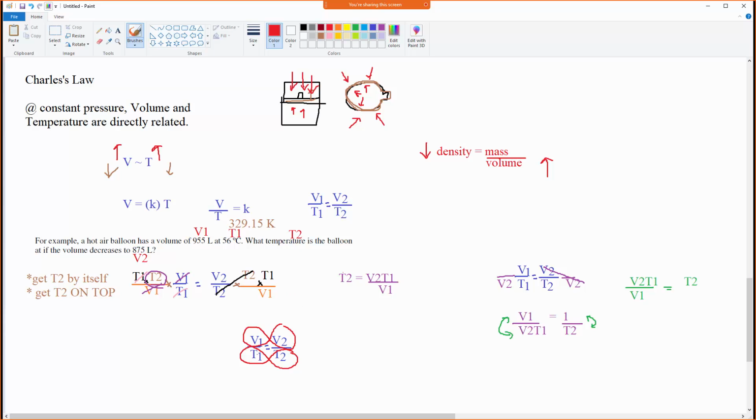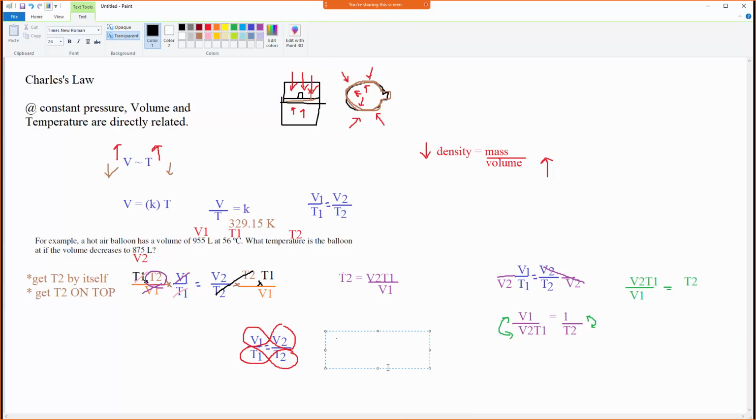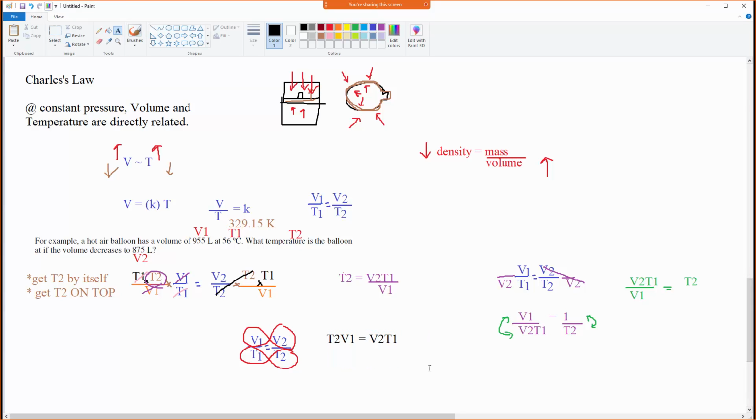You multiply these two things together, and you multiply these two things together. And if you do that, you get T2V1 is equal to V2T1, right? You just put everything on top, and now just get T2 by itself. You're going to divide both sides by V1.